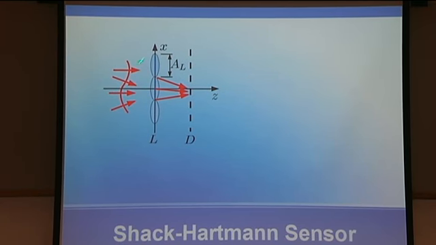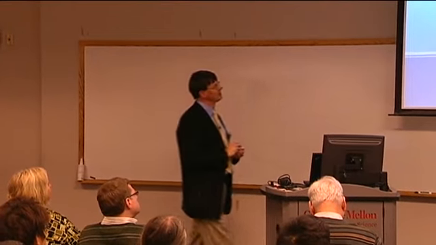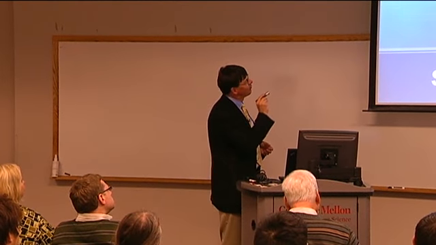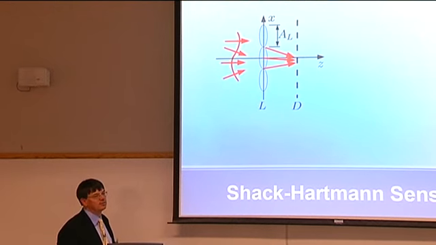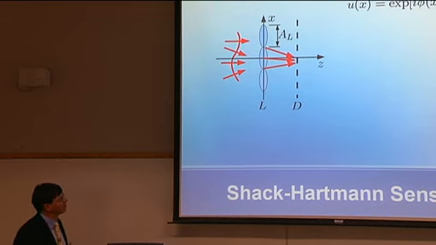We have our wavefront, and each of the lenslets is sampling the wavefront in a way that we can approximate the wavefront across the lens aperture as a plane wave with a certain tilt. And the tilt leads to a focal point somewhere in the detector plane. And that's a way to measure wavefronts.